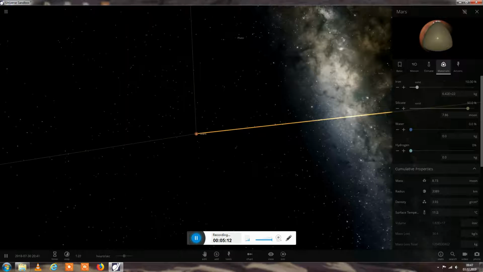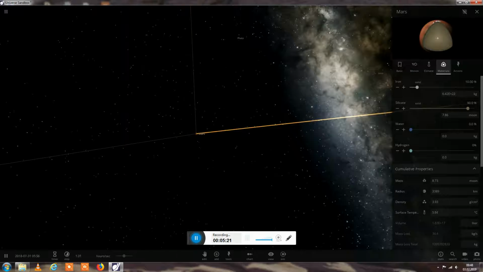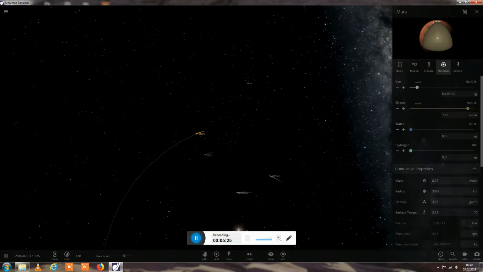As you know, CO2 or carbon dioxide is a greenhouse gas which traps in heat. We basically have the same problem here on Earth. So we could build a lot of CO2 producing factories on Mars that will pump out a lot of CO2.